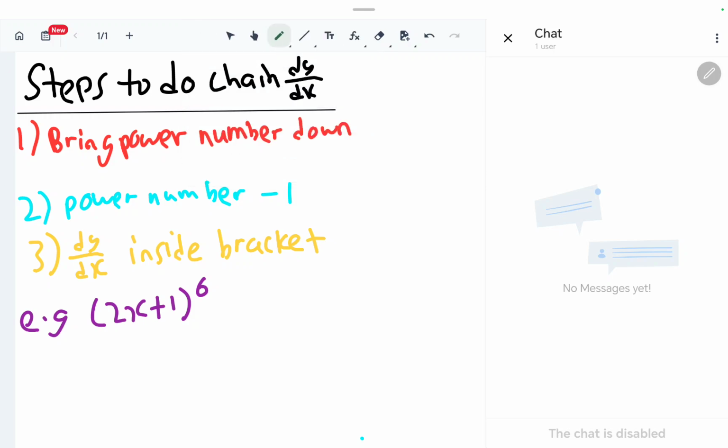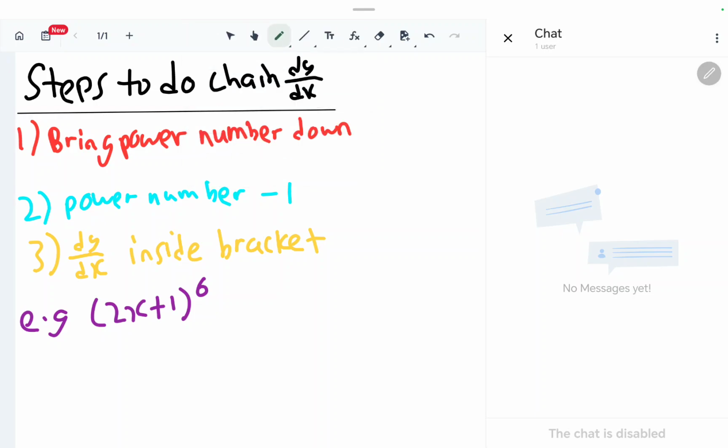I'll write it from top to bottom, in a straight line downwards. So first step, bring power number down.